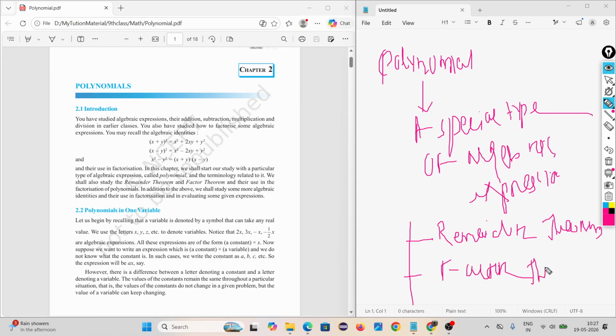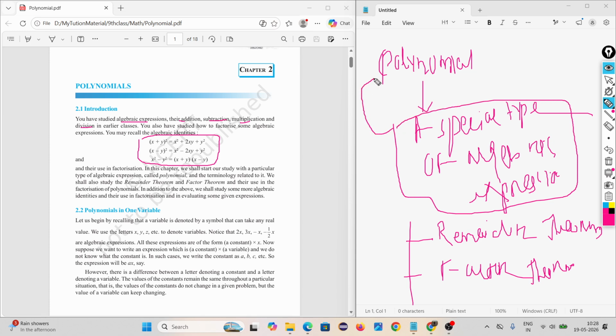Okay. That means in our previous classes we completed algebraic expressions and their addition, subtraction, multiplication, and division, and we also know some of the identities. So in this chapter we are going to learn a special type of algebraic expression that is called polynomial.